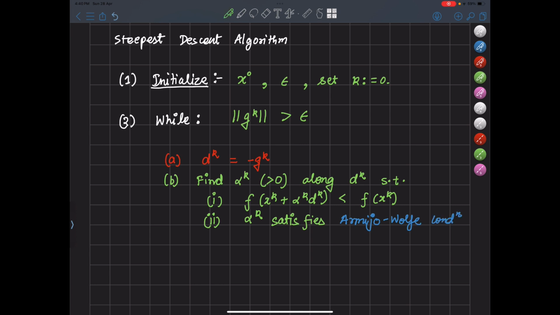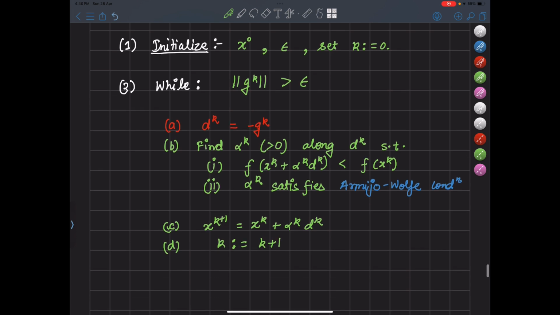Now comes the update steps. So we just update xk plus one equals xk plus alpha k dk, and we also update the iterate. Here we end the loop.